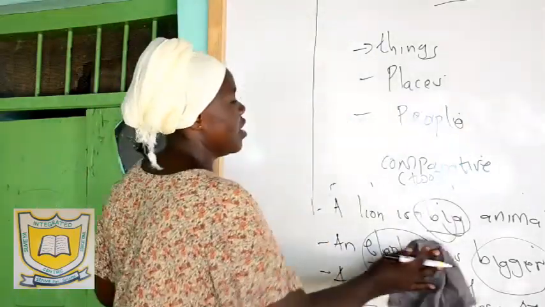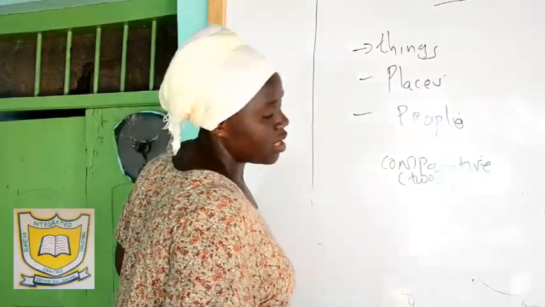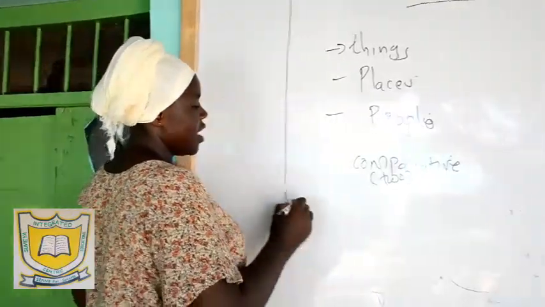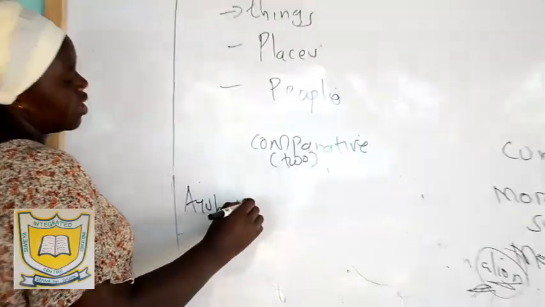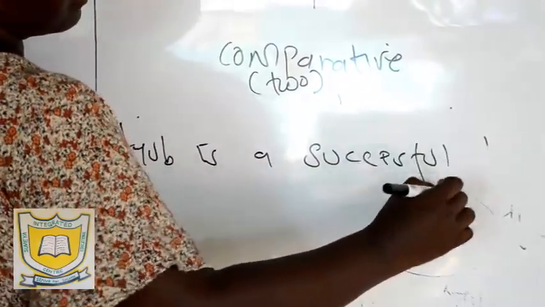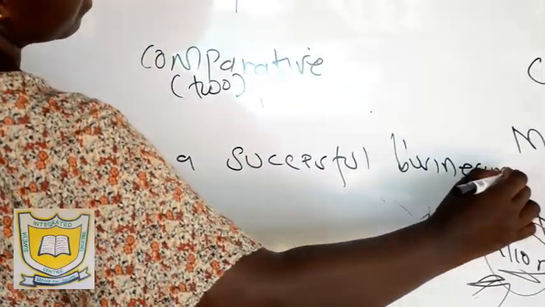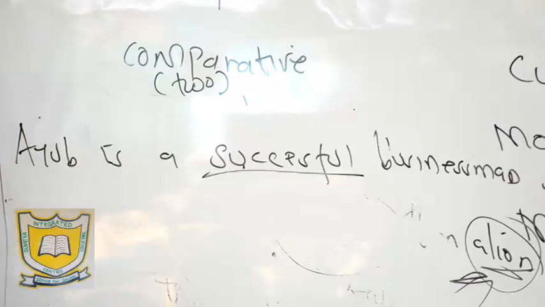For example, let's say Ayub. Ayub is a successful businessman.